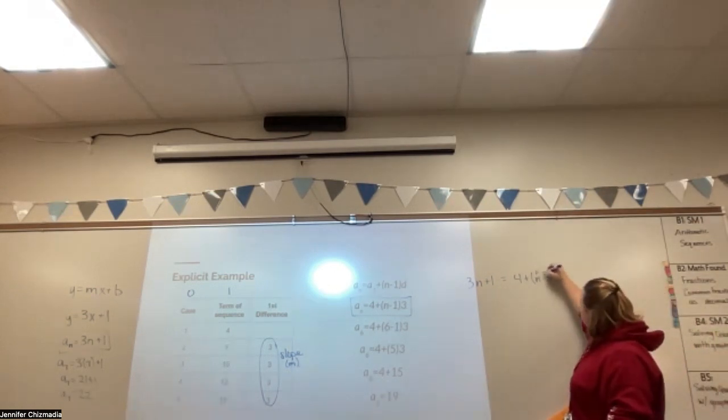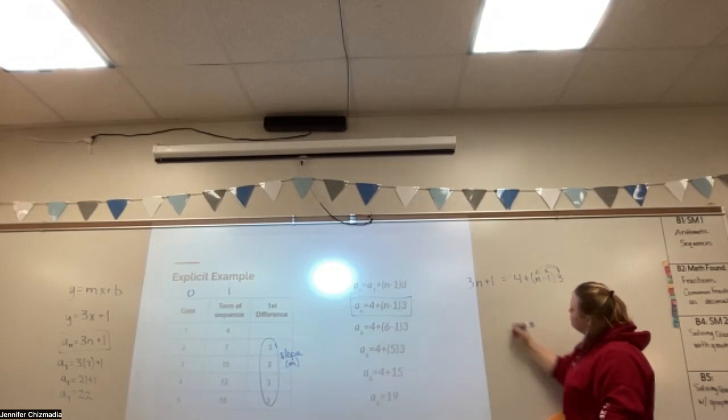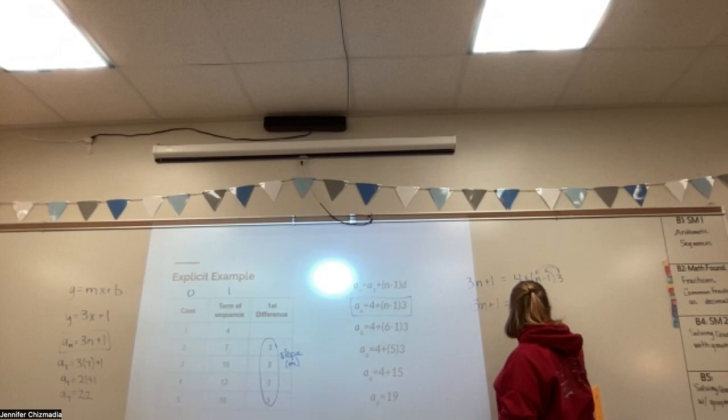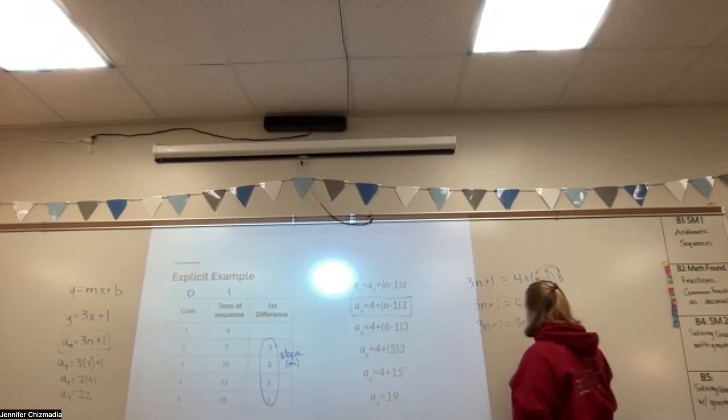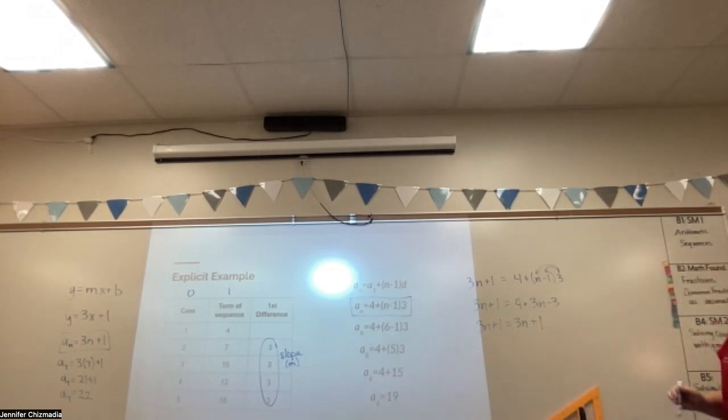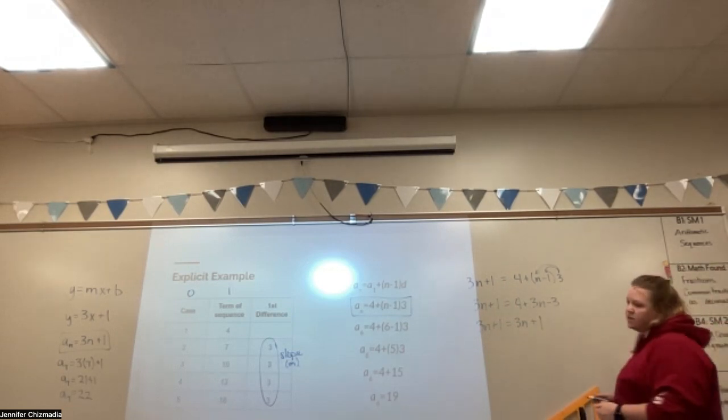I'm going to distribute this 3 first. 3n minus 3. Okay, let's combine like terms. 4 minus 3 is 1. They're the same. So if I distributed and combined like terms, it would come out exactly the same.